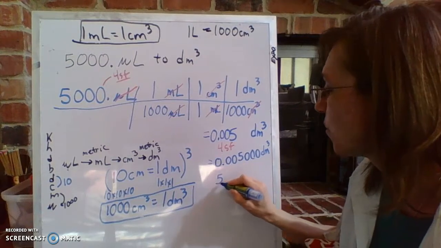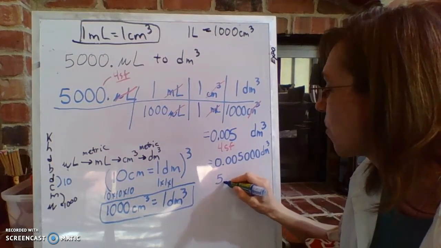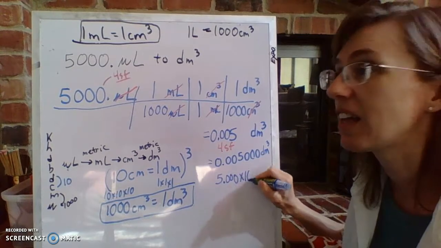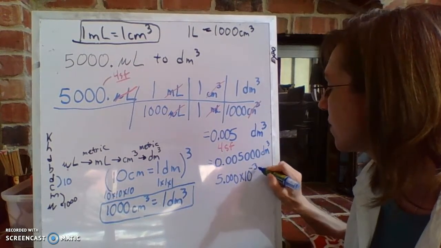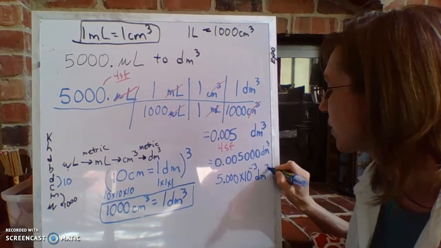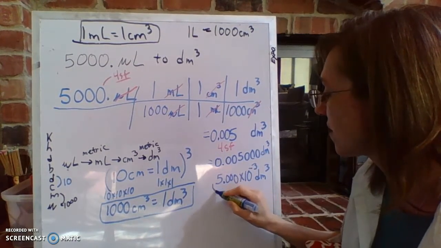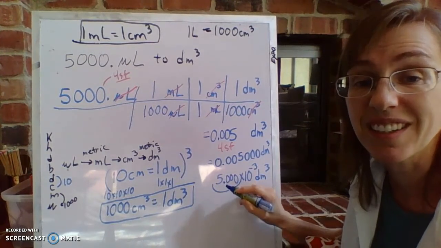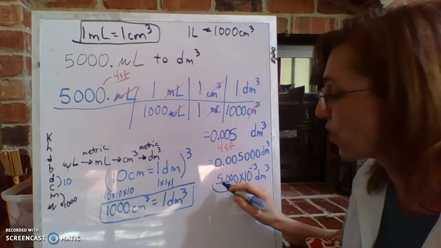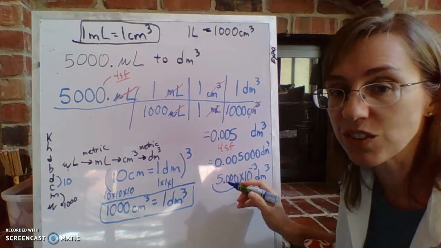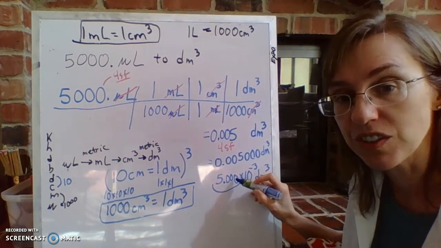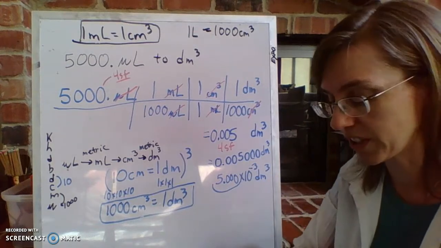Scientific notation would be 5.000 times 10 to the negative third decimeters cubed. Remember, everything in the coefficient of the scientific notation is significant. So there's no question here which of the zeros are significant and which aren't. And you can clearly see there's 4 positions there. So 4 significant figures.